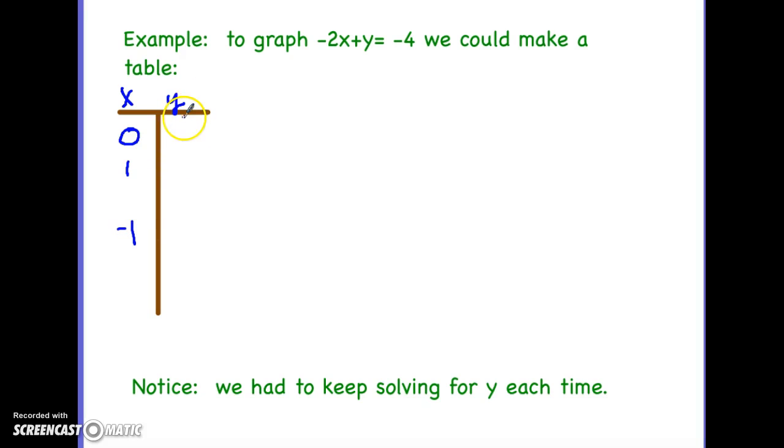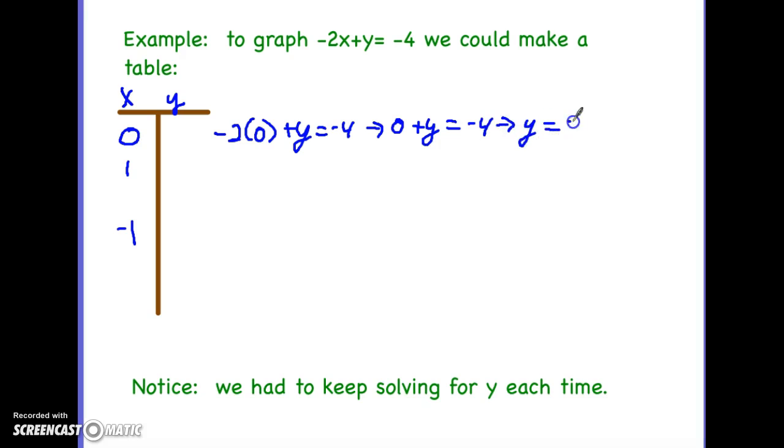And then we need to find our corresponding y values. So when x is 0, I'll put 0 into my equation, and I would have -2 times 0 plus y equals -4, which would mean I would have 0 plus y is -4, so y would be -4. So I'd put -4 here.